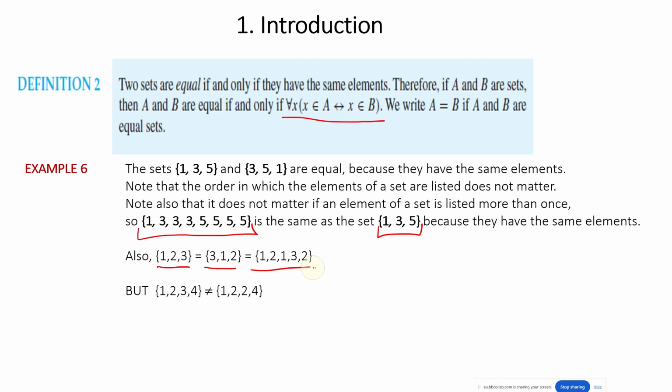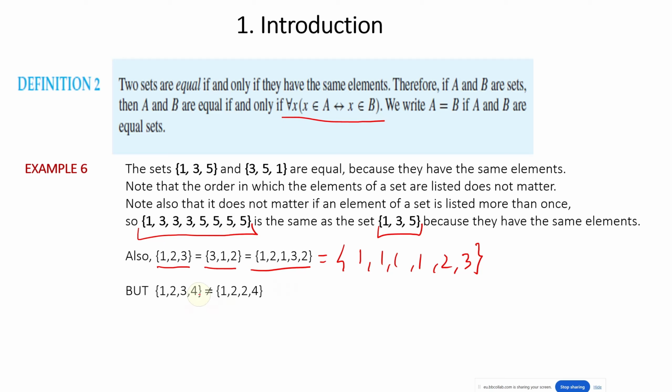You can have a lot of different combinations of 1, 1, 1, 1, a lot of ones, and then 2, 3. These are all exactly the same sets based on the definition of equality, because they have the same elements, regardless of the redundancy or the count of each of those elements.